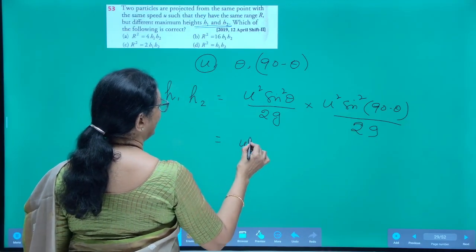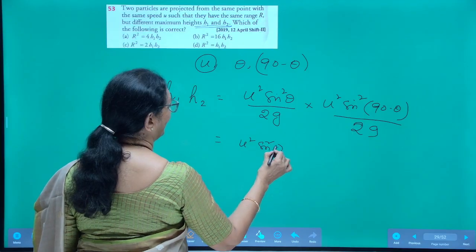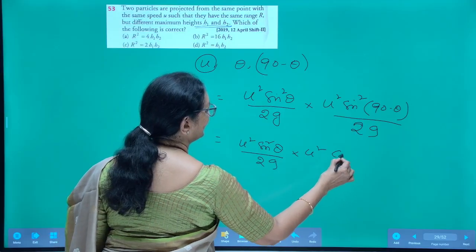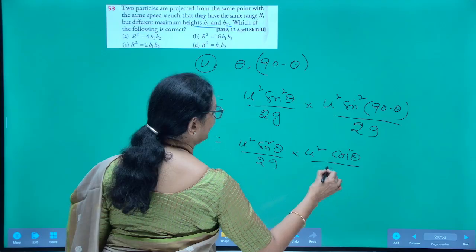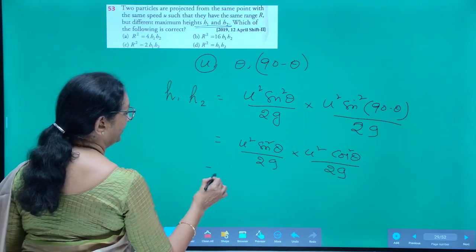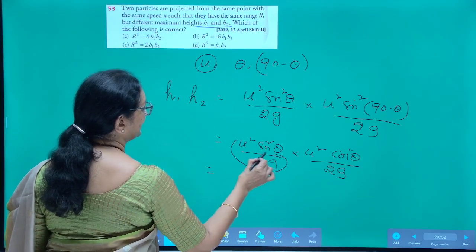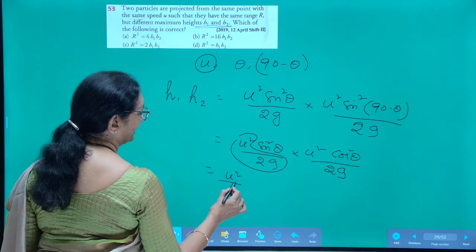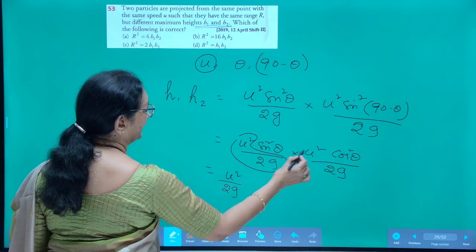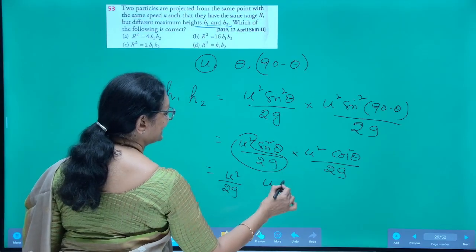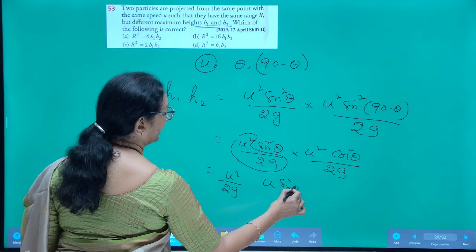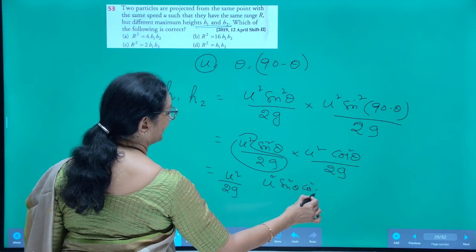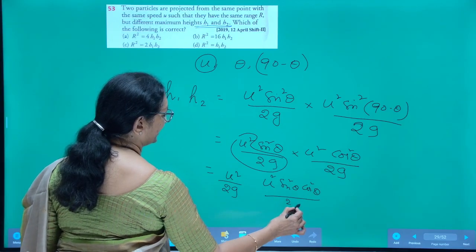So, this is u square sin square theta by 2g into u square sin 90 minus theta, which is cos theta, cos square theta by 2g. So, let us take u square by 2g, u square sin square theta, cos square theta by 2g is remaining.